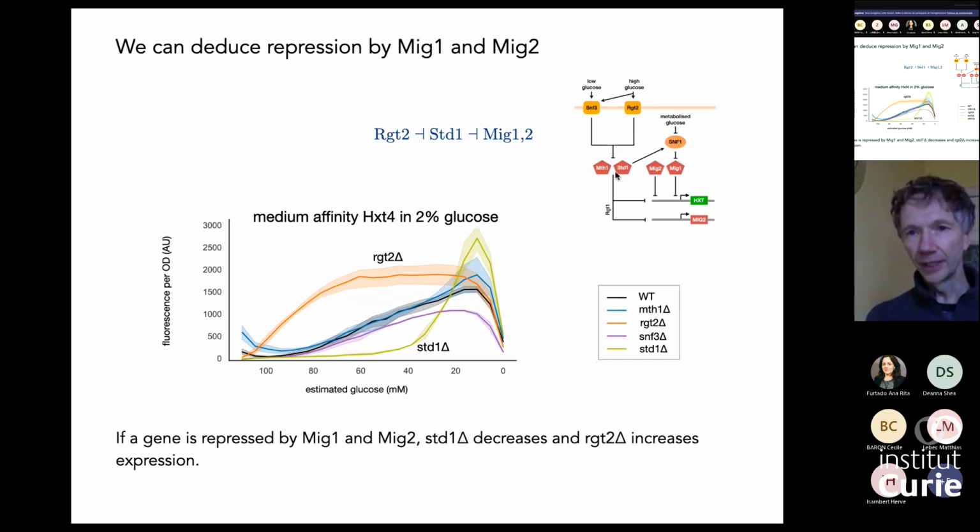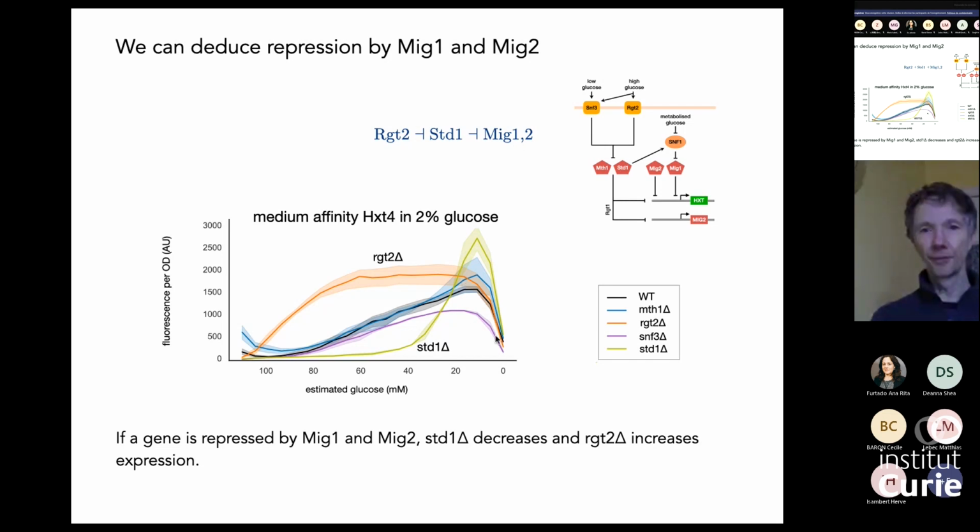But then from the diagram, I can see STD1 promotes SNF1, the AMP kinase, which phosphorylates MIG1. Sorry, which phosphorylates, so inhibits MIG1. So I have this negative relationship here. So STD1 represses MIG1. And I also have another negative relationship because STD1 actively represses the MIG2 gene. So STD1 also represses MIG2, so it represses both of them.